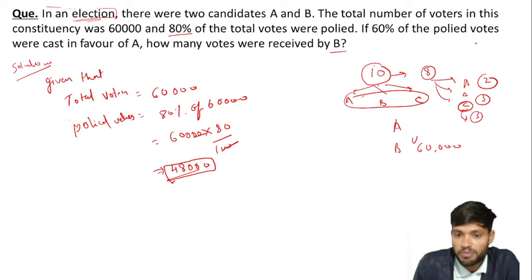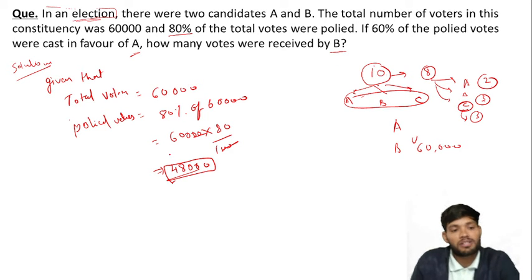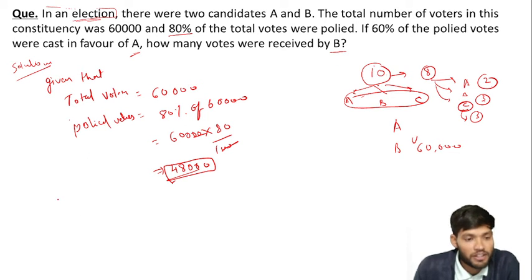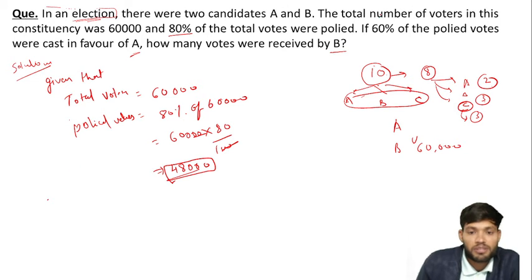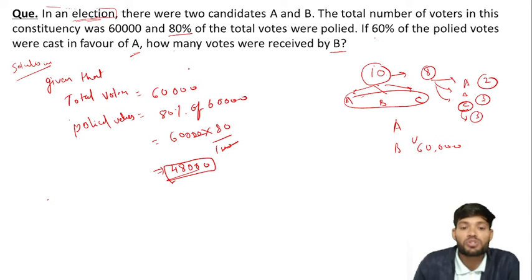If 60% of votes were cast in favor of A, how many votes were received?